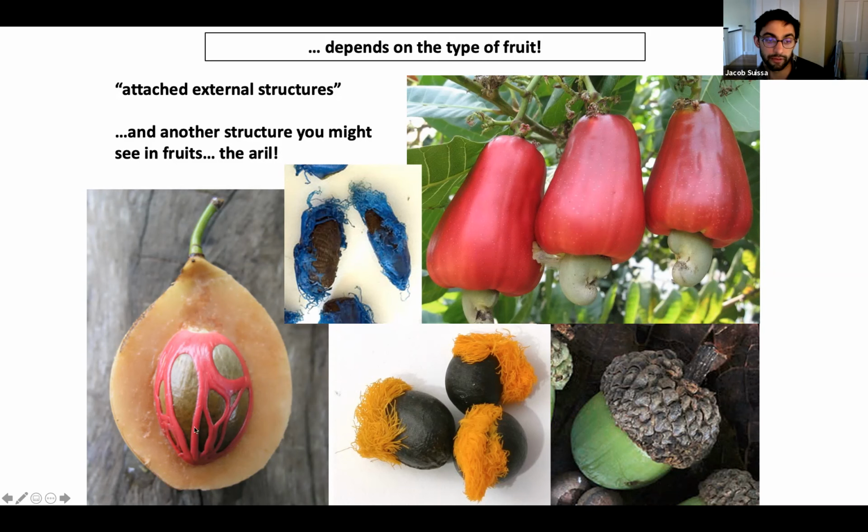It's not actually a different fruit. It's actually just a different structure on the same fruit. The aril is not homologous across all angiosperms. You can have an aril that's derived from many different things, but sometimes it's derived from the integuments or the seed coat.